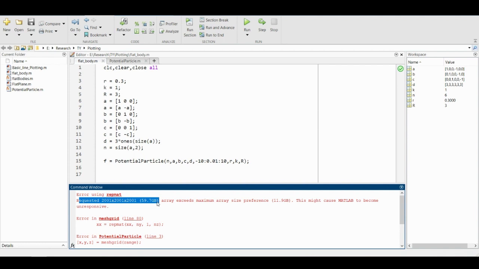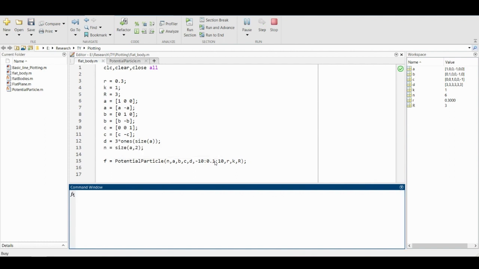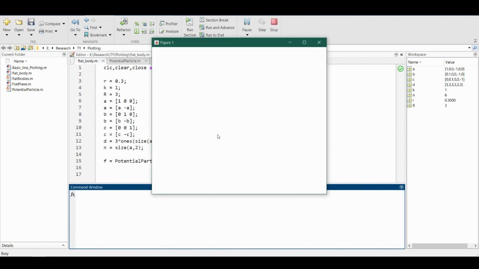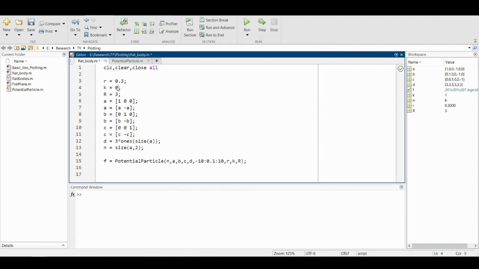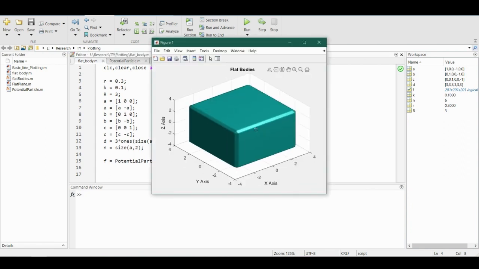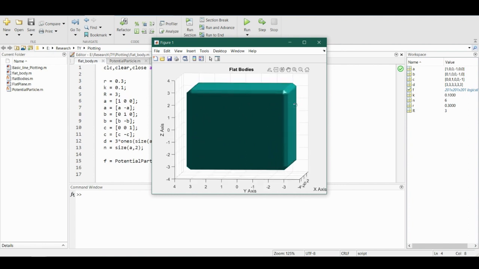That's what I said: for a 3D matrix, if you decrease the distance between 2 points, it's going to take a lot of size. We don't need to do that. Okay, let's name it 0.1 and see how this looks. Okay, also looking very nice.